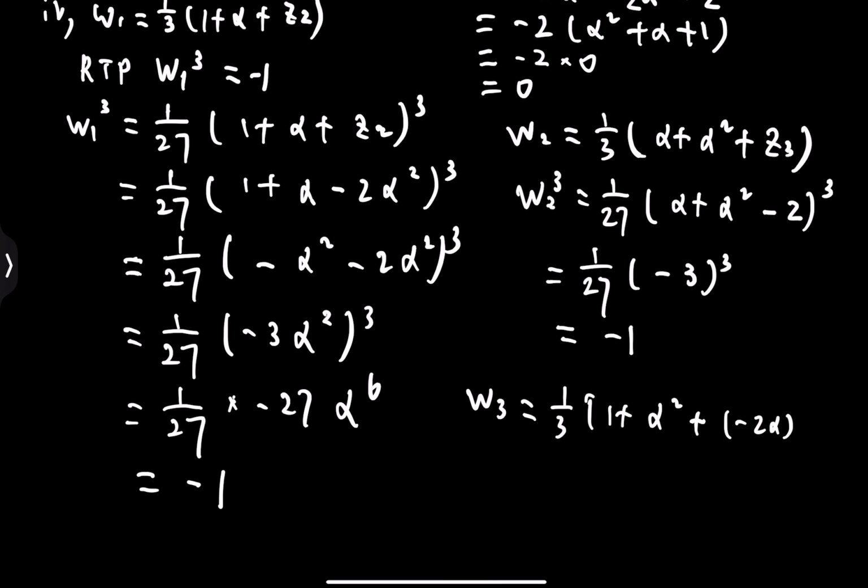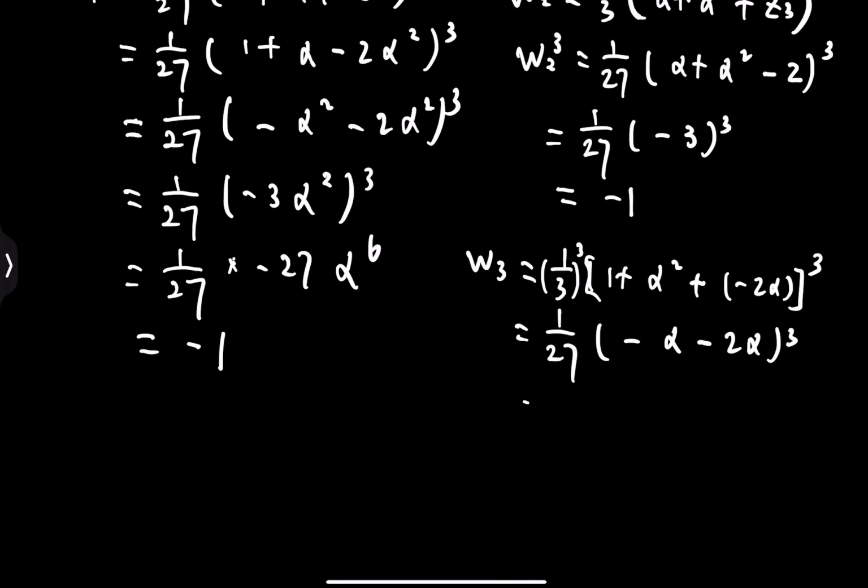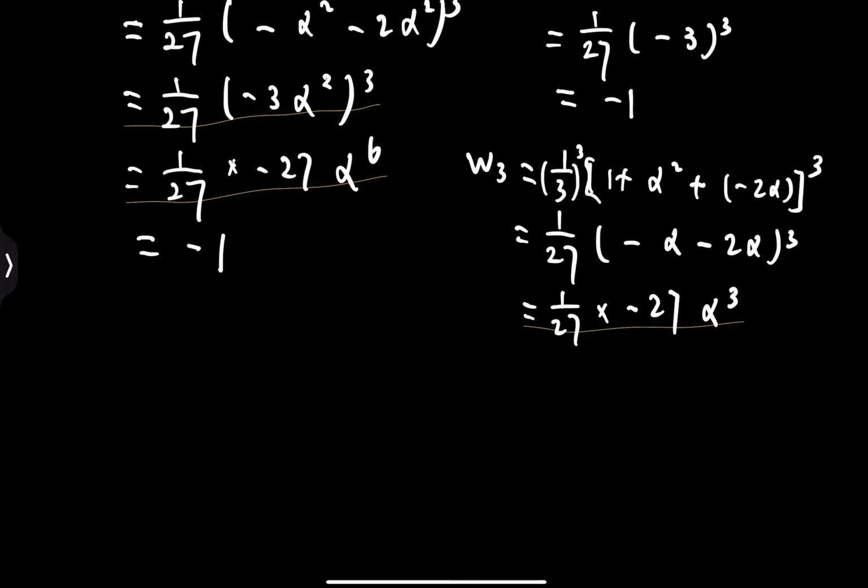And we do that all cubed, and the 1/3 also cubed. So that gives me 1 over 27. And 1 plus alpha squared will be equal to negative alpha, plus negative 2 alpha cubed, which will be negative 3 alpha cubed. It will become 1 over 27 times negative 3 cubed, which is still negative 27. And alpha cubed is 1 because it's the root of unity of 1. So that gives me negative 1.